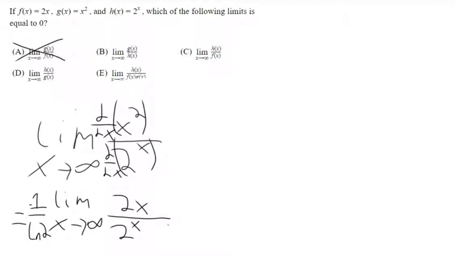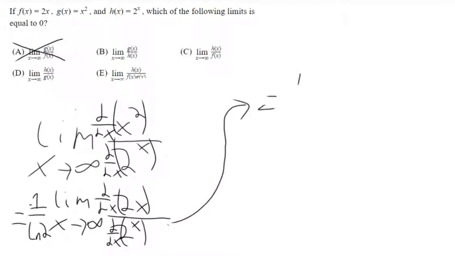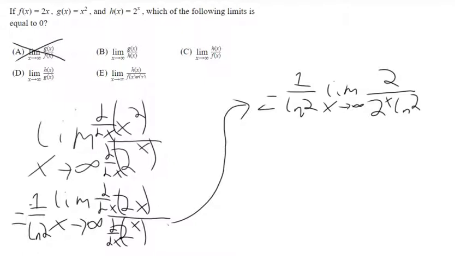And now I'll go ahead and differentiate the top and the bottom again. So we know that this is equal to 1 over natural log of 2 times the limit as x goes to infinity of derivative of 2x is going to give me 2. And on the bottom, derivative of 2 to the x is again going to give me 2 to the x, natural log of 2.